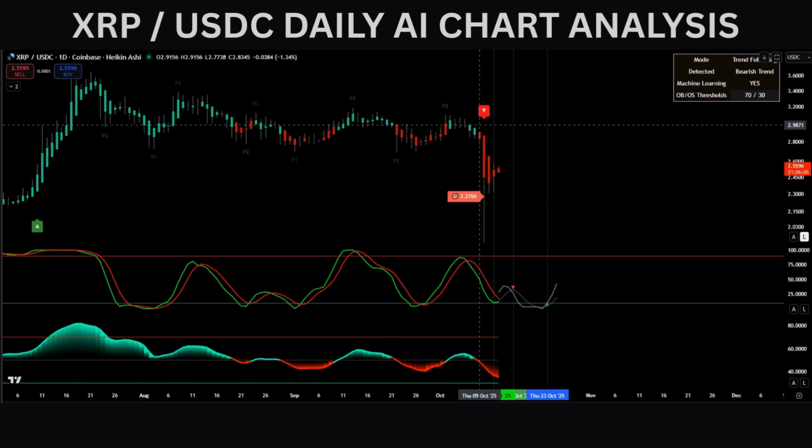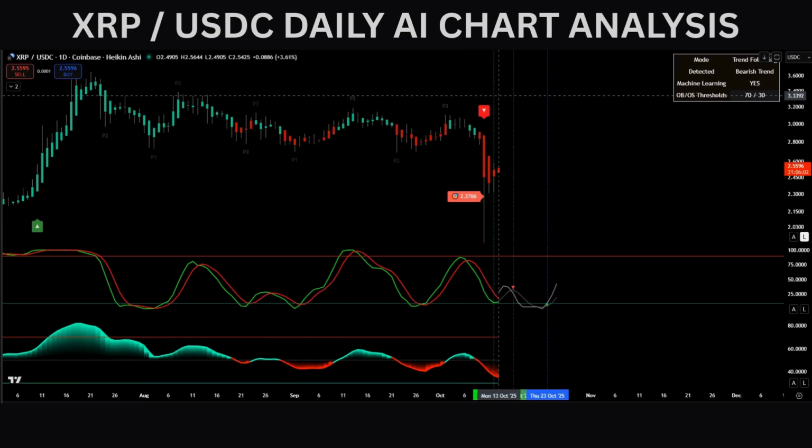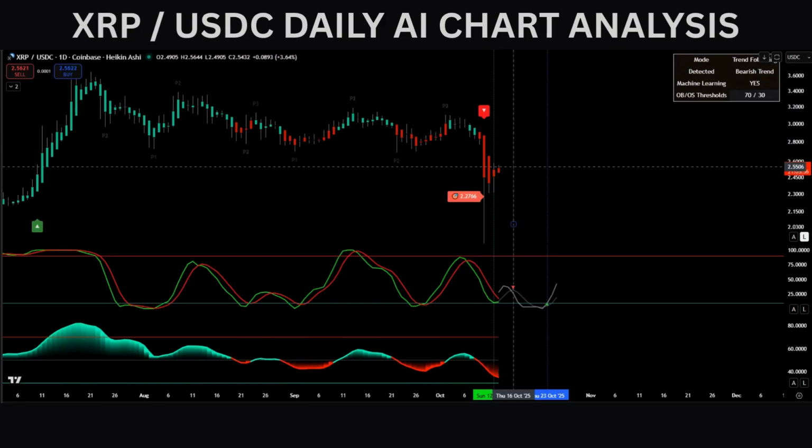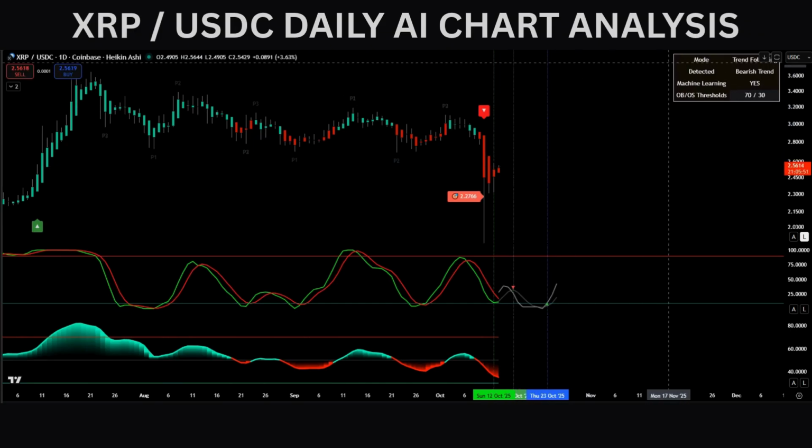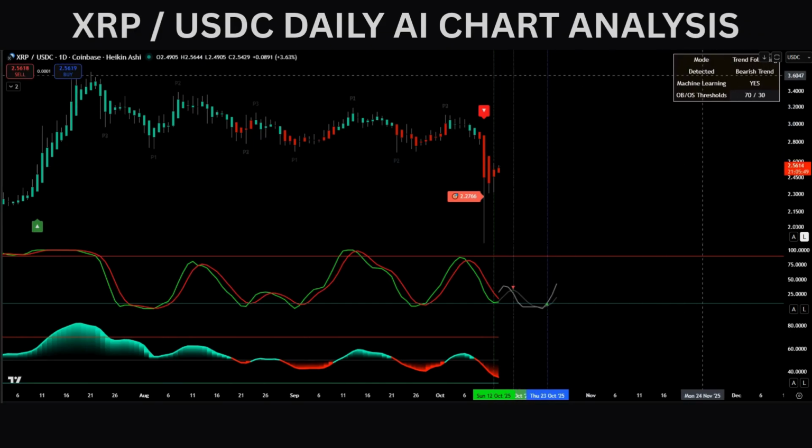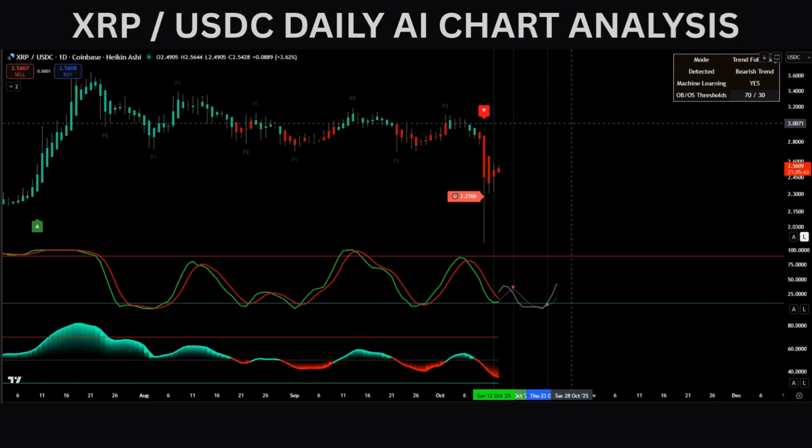The Adaptive SuperTrend indicator, shown at the top, flipped to red, indicating a potential short-term downtrend within a broader bullish framework. This aligns with the mode displayed in the top right: trend following, bearish trend detected. The macro structure still leans bearish. The micro trend is currently corrective or in a pullback phase.